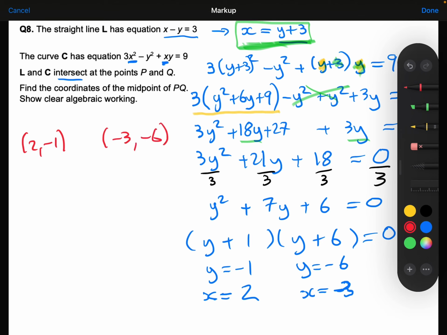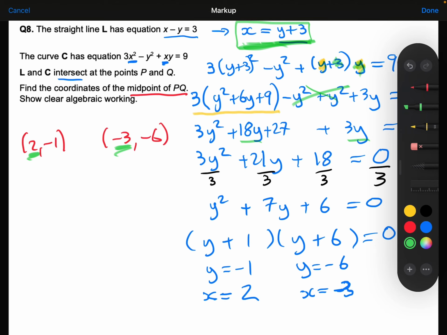Which is fine, because we now just want to work out the midpoint of PQ. So what's in the middle of these two coordinates? What's in the middle of (2, minus 1) and (minus 3, minus 6)? To do that, all you need to do, focus on the x coordinates first of all, add them together.